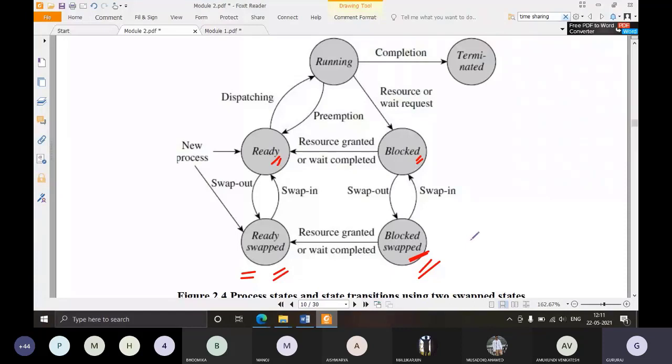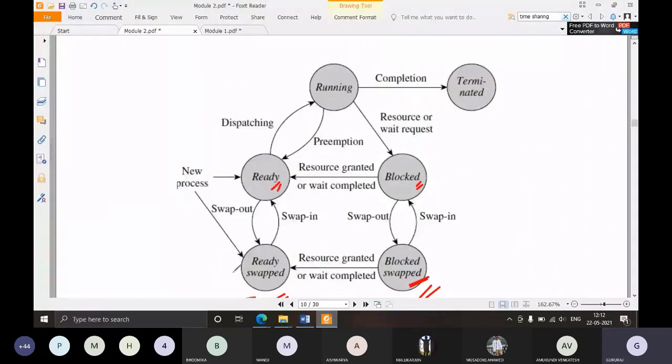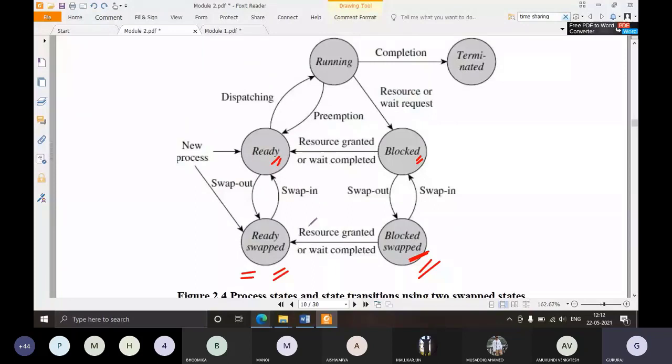You can see here that these ready swapped or blocked swapped states cannot be directly given the CPU. There is no connection from here to here; there is no possible state transition. Why? Because they are suspended. They are not in the memory for the time being.